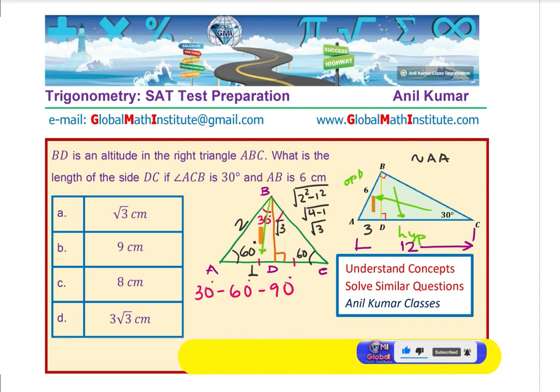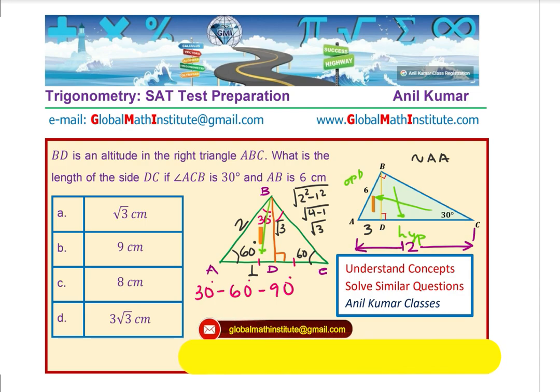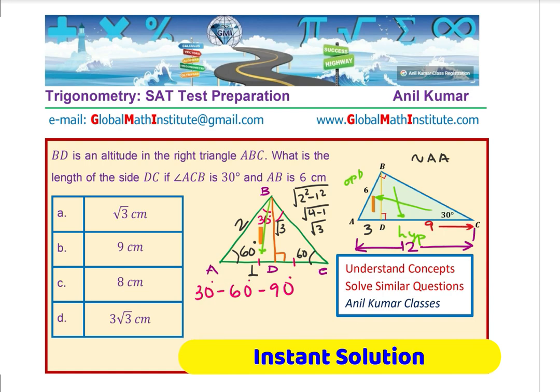You see that? 6 times 2 means 12, and definitely what you want is D to C. It has to be 12 minus 3, and therefore we get our answer, which is 9. Make sense? See how beautifully we have found the solution without doing much calculation.